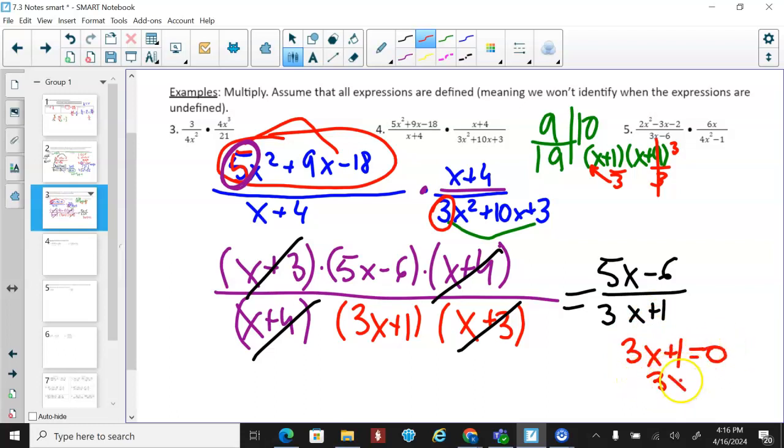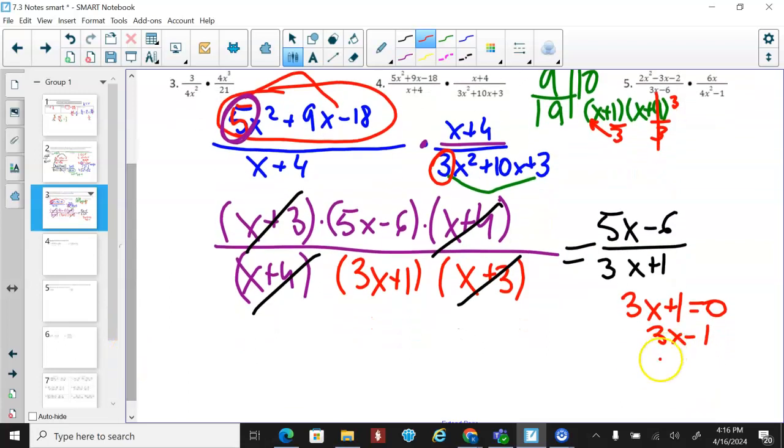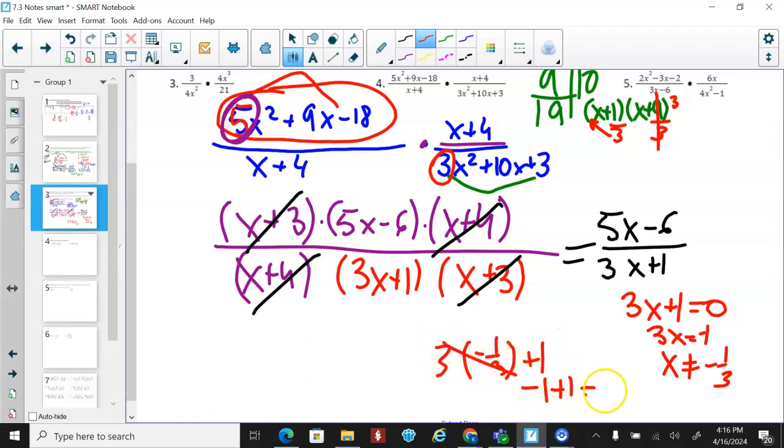Okay, 3x equals negative 1, and x equals negative 1/3. So x cannot equal negative 1/3. Why? Because if I plug in 3 times negative 1/3 plus 1, these are going to cancel. This is going to become negative 1 plus 1, which will make it a 0. And I do not want to have a 0 here, okay?